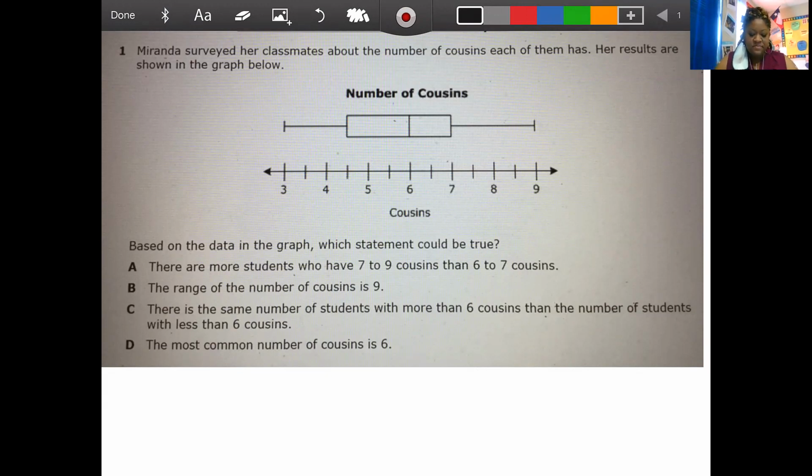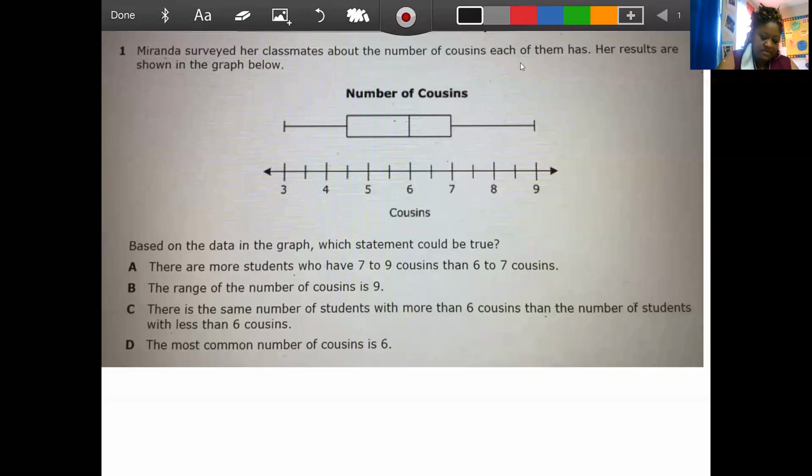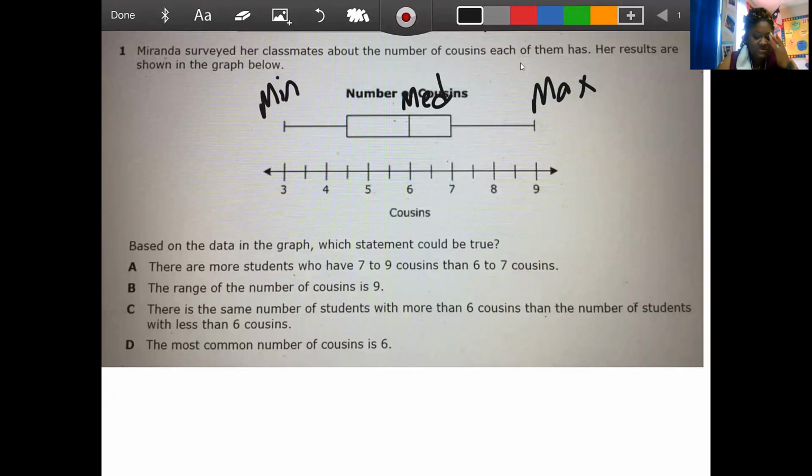Miranda surveyed her classmates about the number of cousins each of them has. Her results are shown in the graph below. So this is going to be your minimum, your maximum, and your median. Okay, so your minimum is 3, your maximum is 9, and your median is 6.